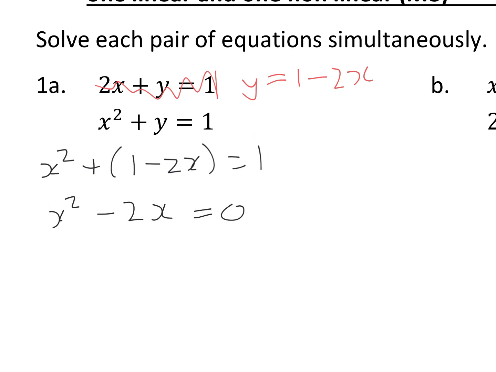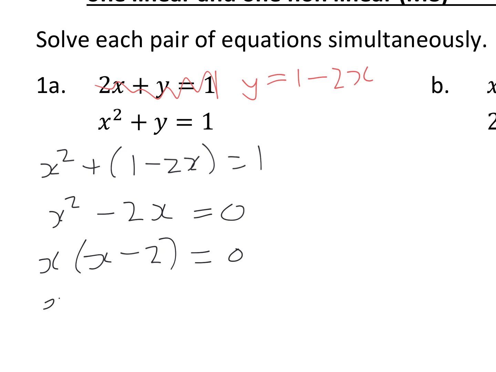So this is a quadratic. Maybe not the typical one where you'd be factorizing out double brackets, but there is a common factor of x here, so it's just a single bracket. So x goes outside the bracket. x times x gives x squared, and x times minus 2 gives minus 2x.